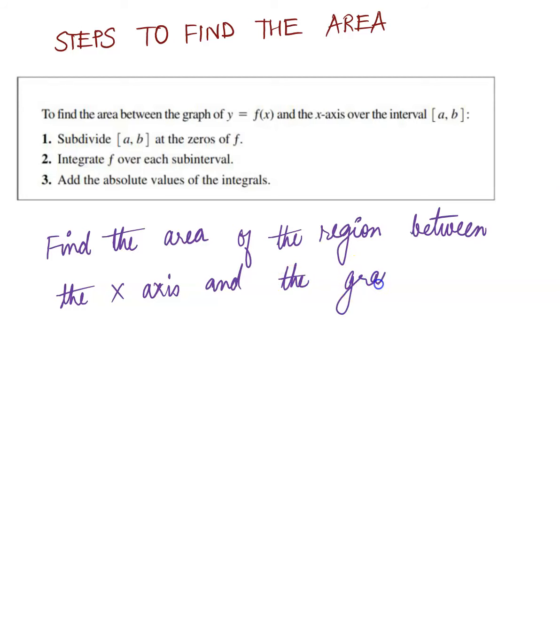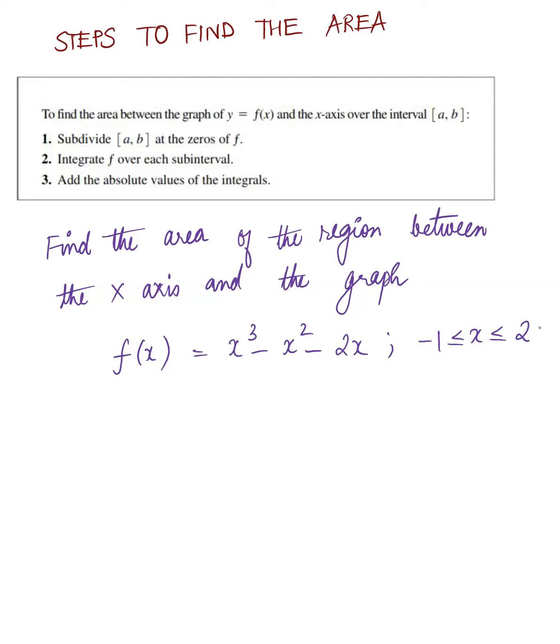The description is for the area that you have to find. So it's between the x-axis and the graph. That's what it says. So f of x is x cubed minus x squared minus 2x, from negative 1 to 2. Okay, that's your interval.